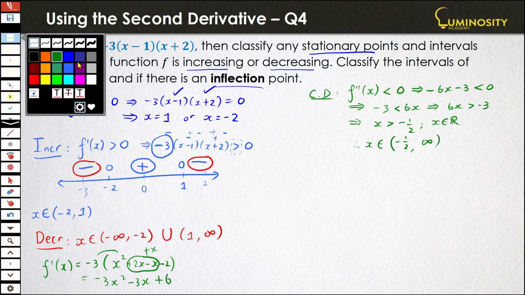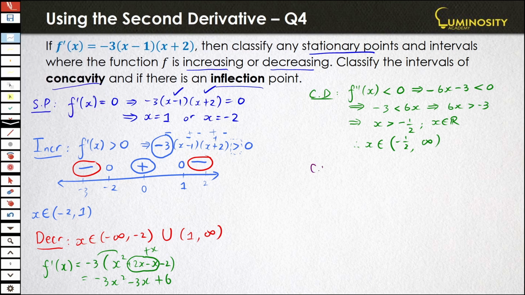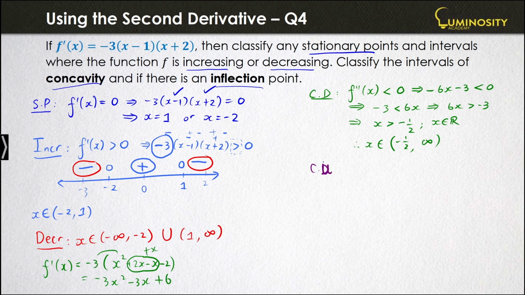Okay, what about concave up? For concave down we've done, so concave up mathematically is the second derivative greater than 0. Again, we're solving the linear inequality. Negative 6x minus 3 greater than 0. If I take the negative 6x over, I get negative 3 is greater than positive 6x, which read the other way is 6x less than negative 3.